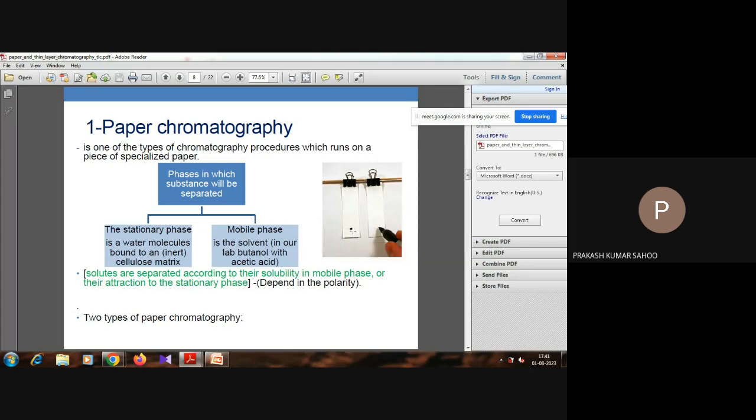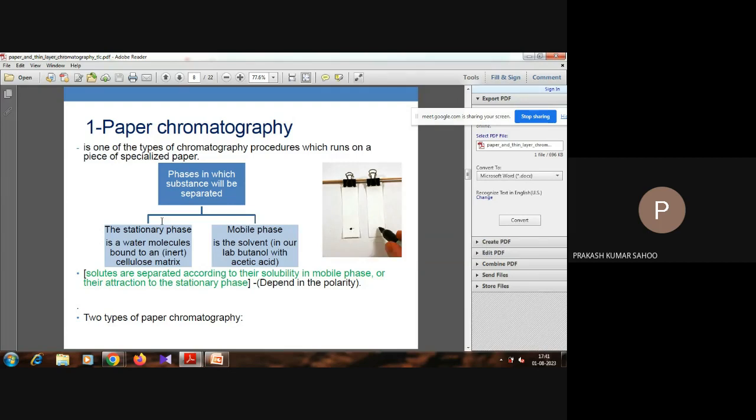Then after drying, we put another drop of the same mixture here. We put 3 to 4 drops, drying well. After the drying, we run the chromatogram by putting it in a suitable solvent or eluent.